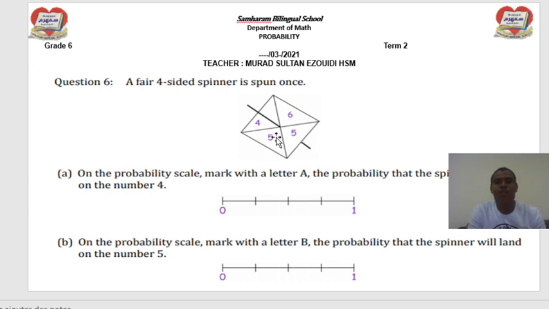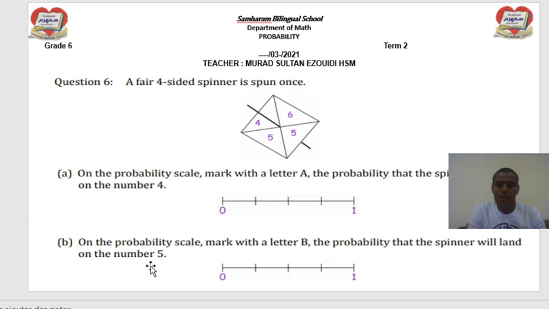We have 2 5s. And what are the possible outcomes? 4, because I have 4, then 6, then 5, then 5. We have 4 numbers. That's why it's called possible outcomes: it is the number of sections in this spinner. We have 4 sections, and each section consists of a number. So possible outcomes is 4.